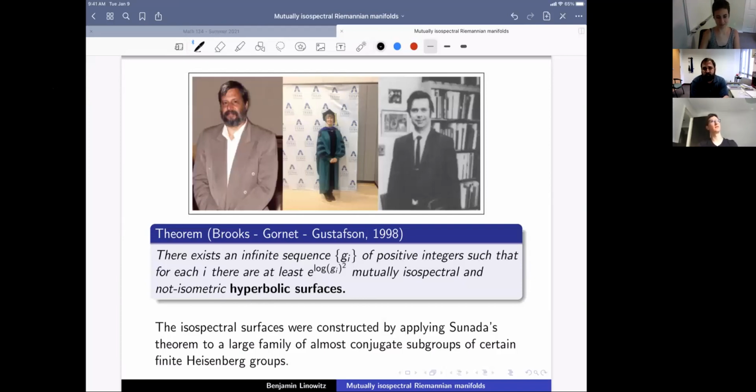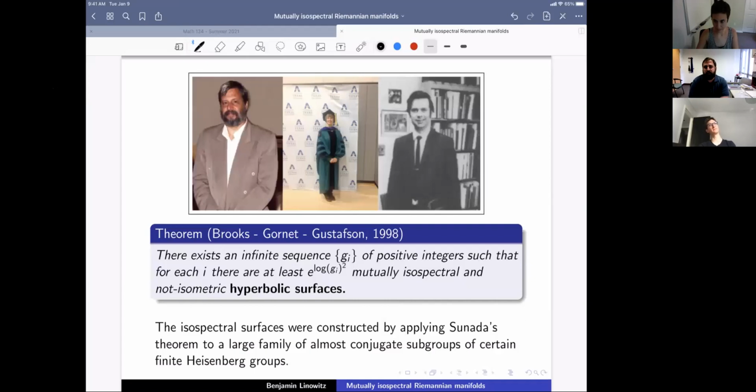So these surfaces, to construct them, they used Tsunada's theorem to produce a very large family of almost conjugate subgroups from certain finite Heisenberg groups. And to date, there aren't any known constructions of large families that get this big that don't use Tsunada's theorem with Heisenberg groups.